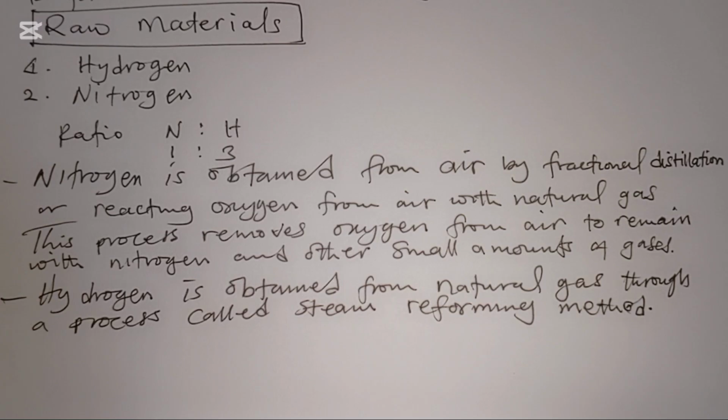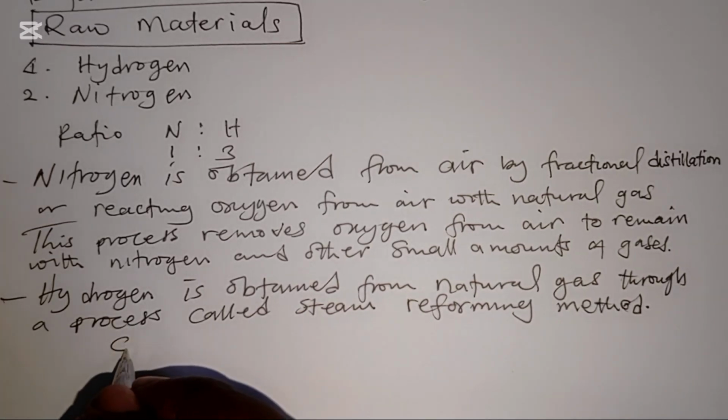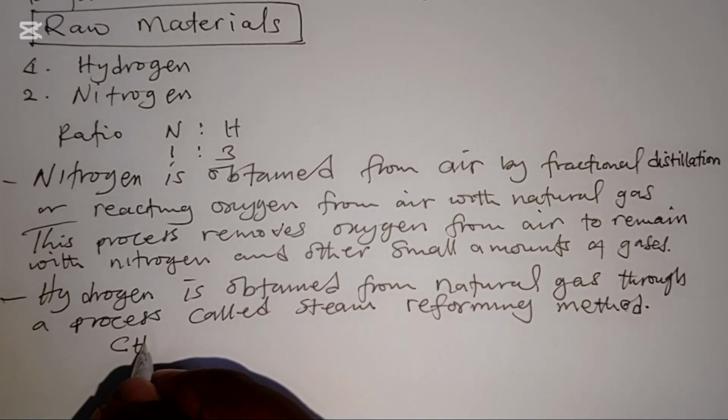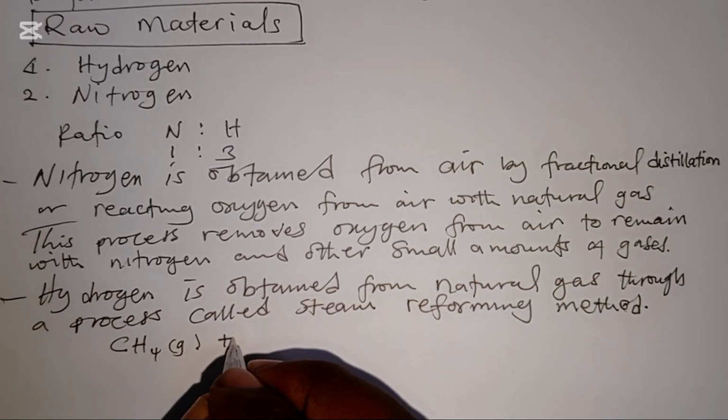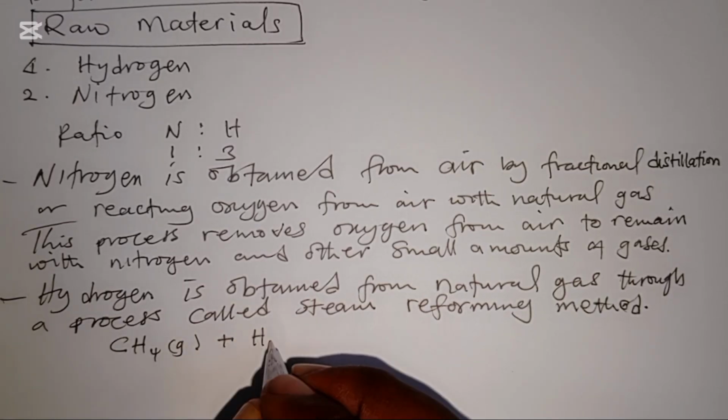In case they ask you to write the chemical equation for how hydrogen is obtained, which is used in the preparation of ammonia: we have natural gas, which is methane, plus steam.